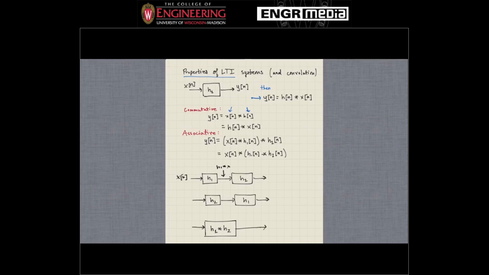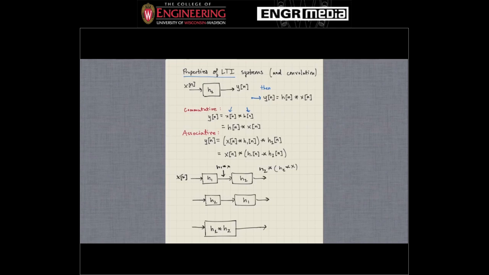So this whole signal then gets convolved with h2. So the output here should be h2 convolved with h1 convolved with x.